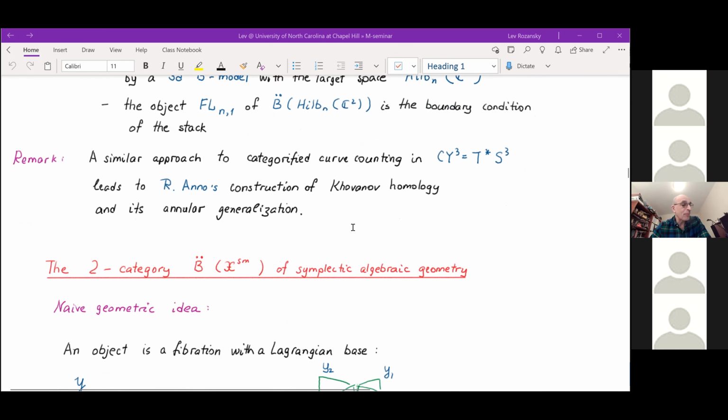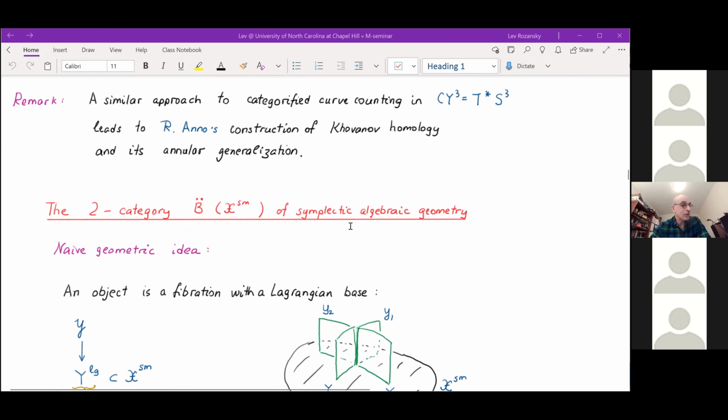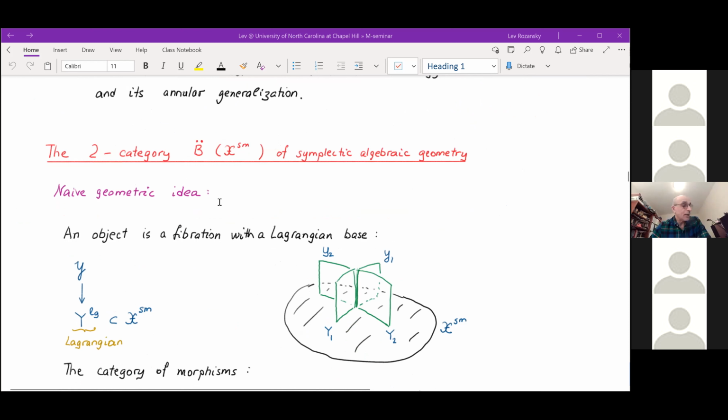So let me go back to math and explain the two categories that you associate to a symplectic variety, or at least in a particular case. So the naive geometric idea of these two categories is that the objects would be Lagrangian subvarieties of the symplectic variety, and the objects will be fibrations over these subvarieties whose fibers live elsewhere.